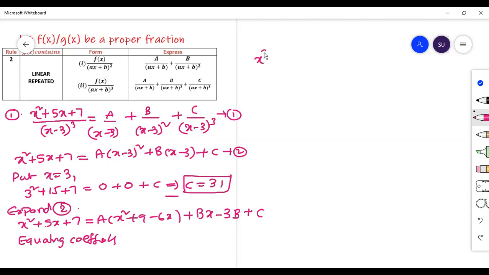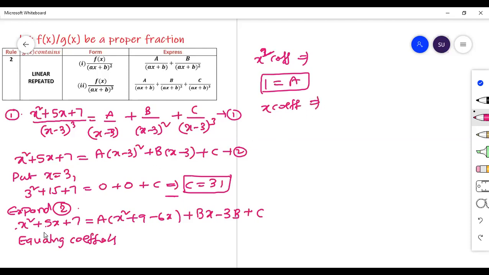Let us equate the x square coefficients first. On the left hand side the coefficient of x square is 1, which is equal to the right hand side A into x square. There is no other x square term, so directly A is equal to 1. Next consider any x coefficient or constant, anything you can take.